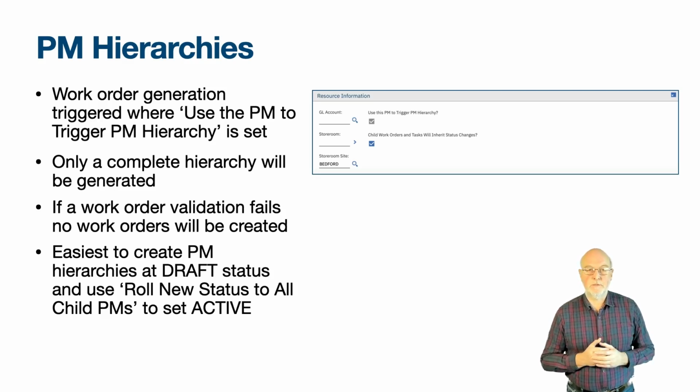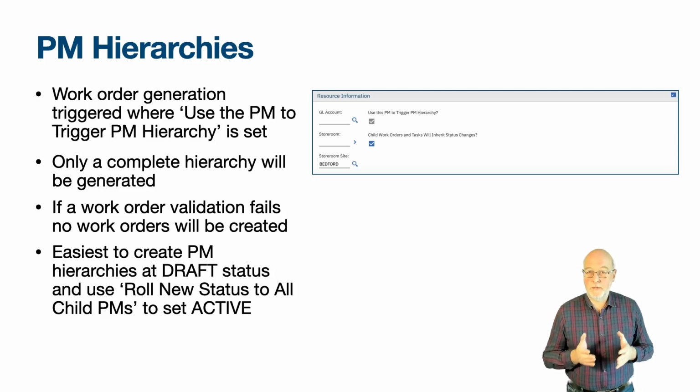In this way, the status will start out as draft for all the PMs in the hierarchy, and when you come to create the hierarchy, I think you will be less likely to create mistakes. I've advised in the past to draw out the hierarchy on a notepad as you create the PM records, to make it easier to create the correct hierarchy in one step.